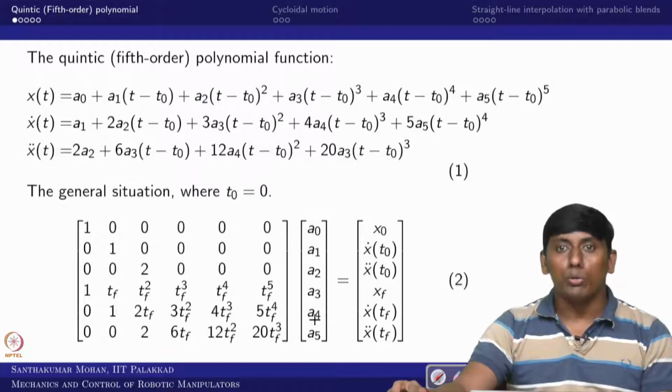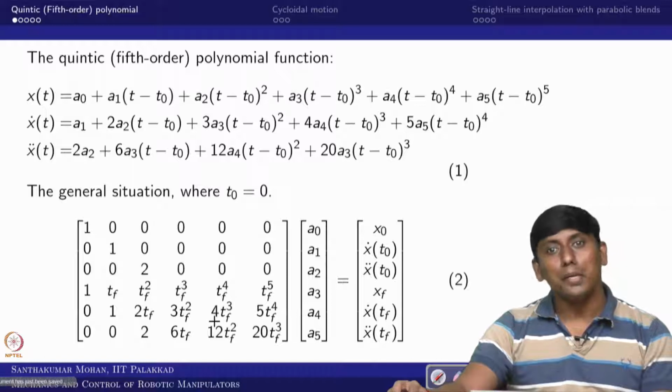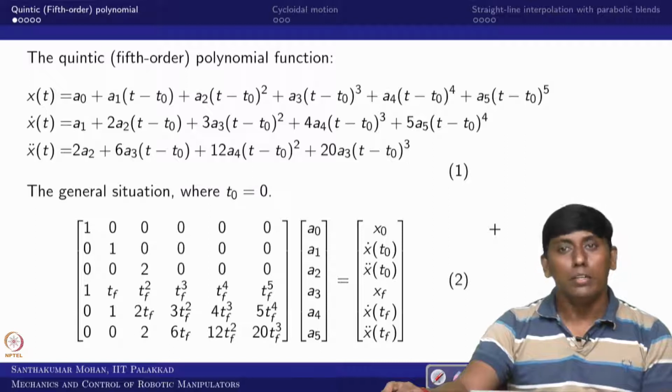Here a naught to a five are unknown, x naught to x double dot of tf are known, and this is the coefficient matrix where all the terms are known to us. So we can take this as A, this as x, and this as b, so x is A inverse of b. The same principle we will do in MATLAB.